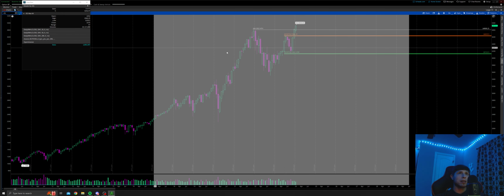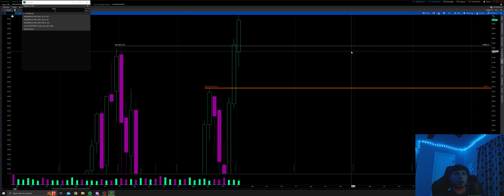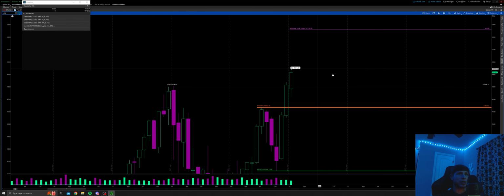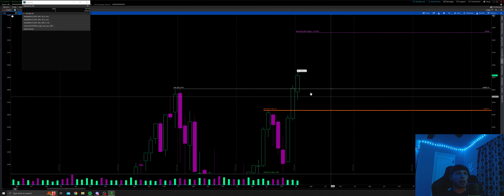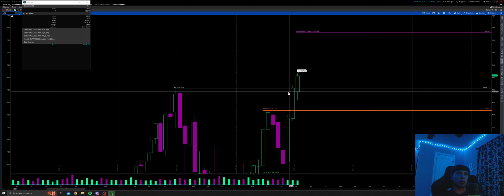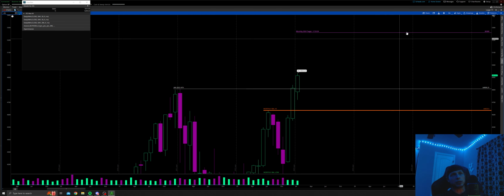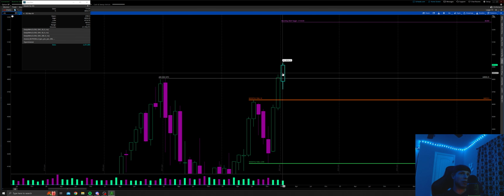Monthly, healthy, one time framing up 2 months in a row since coming out of this balance and setting all-time highs. We continue to do that. We should target 52.60 at some point. Like I said, maybe next month we have a bit of a consolidation inside month and then come out of it to the upside at some point in the future, as this month's range is pretty large.